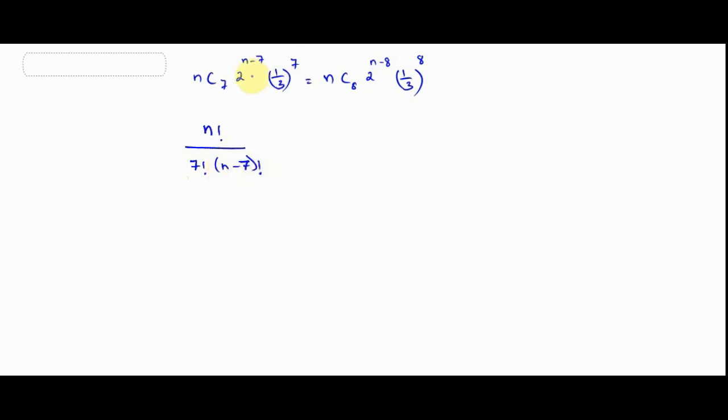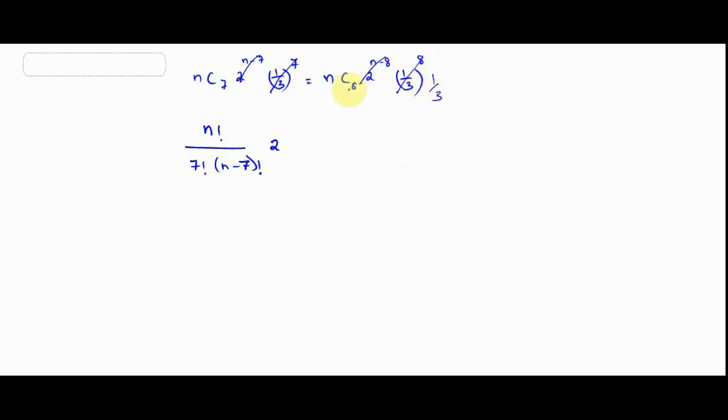Now here we have 2 raised to n minus 7 and here we have 2 raised to n minus 8. So if you cancel 2 raised to n minus 8 from this, left out value will be 2, so that 2 we are writing here. Now here we have (1/3) raised to 7 and here we have (1/3) raised to 8. So if we cancel (1/3) raised to 7, we will be left out with 1 by 3 on the right hand side.